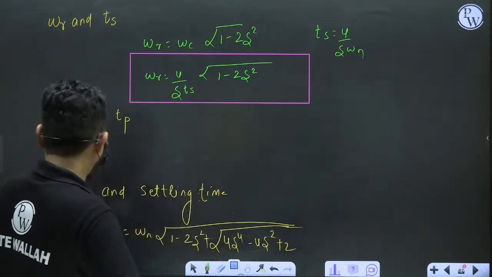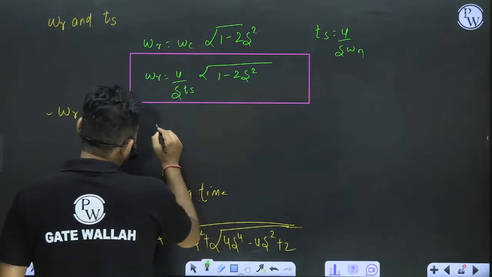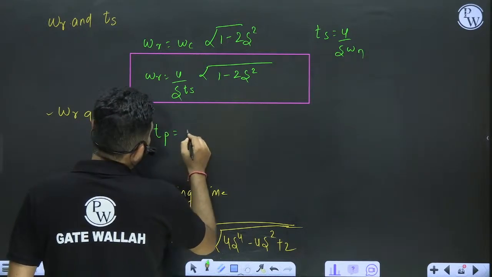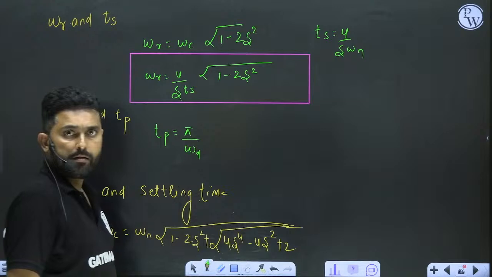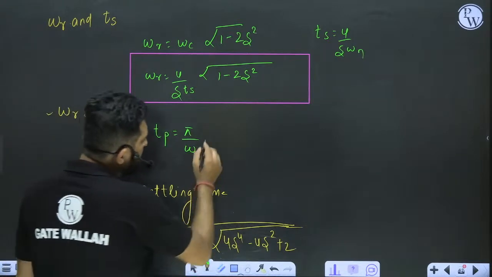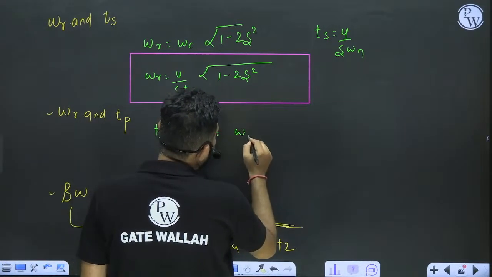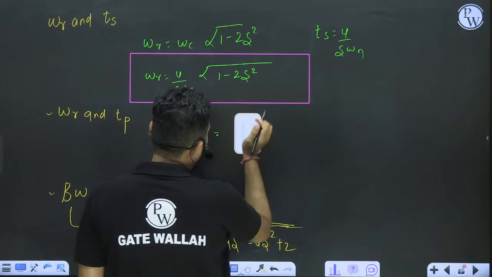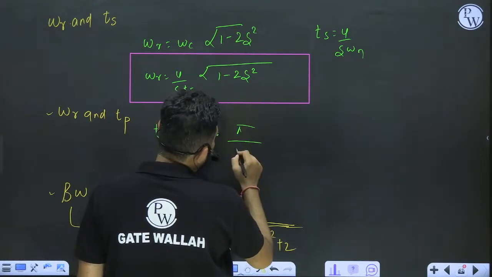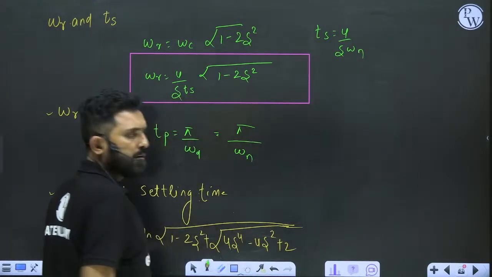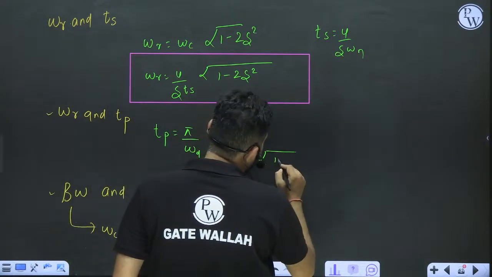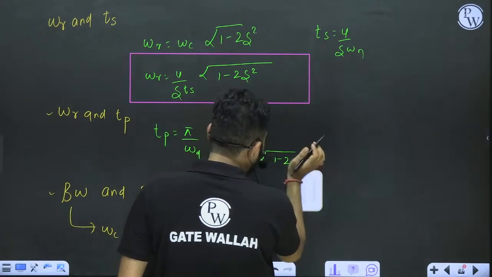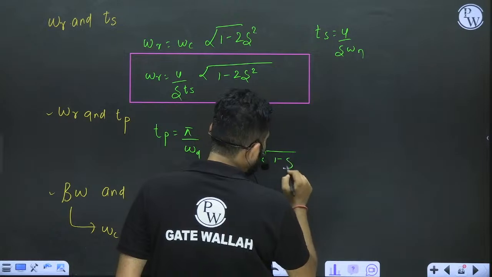And what is the omega r versus tp? You know that tp is pi by omega d. Omega d is omega n root of 1 minus zeta square, so tp is pi by omega n root of 1 minus zeta square.